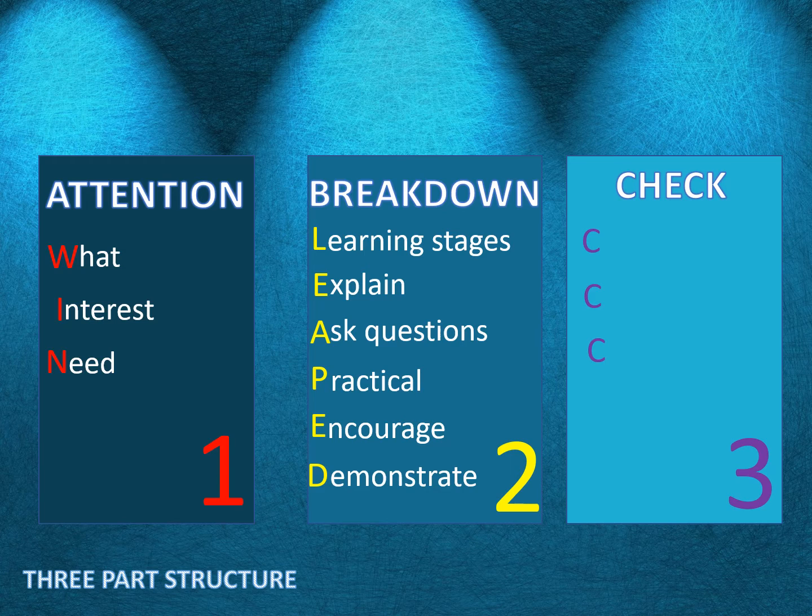You're going to allow them time to do a practical during the breakdown so that you can see if they are understanding how to take it from theory to practical. You're going to encourage them to learn by giving them praise, and you will be able to demonstrate to them how to do the task. It's not going to be in that specific order. We just learn to do it by spelling leaped.